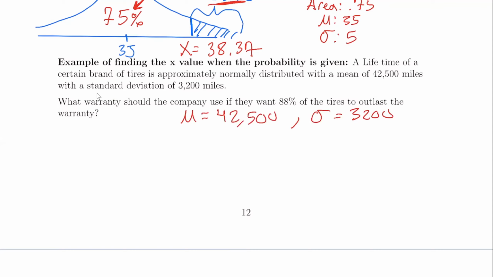Notice this one is not asking us to find the probability of anything. It's telling us we want 88% of the tires to outlast the warranty. So we already know the percentage we want, but we have to figure out how many miles we should guarantee this tire to last before it runs out of the warranty.